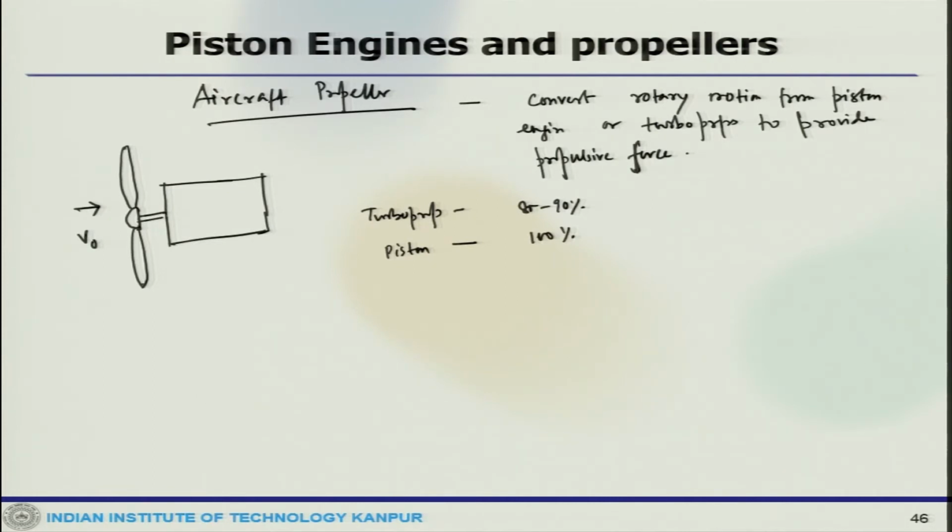So, it has several definitions. One can think of it as a device having a central revolving hub with rotating blades for propelling an airplane, or a device consisting of a set of two or more twisted airfoil shaped blades mounted around a shaft and spun to provide propulsion of a vehicle through air or water.